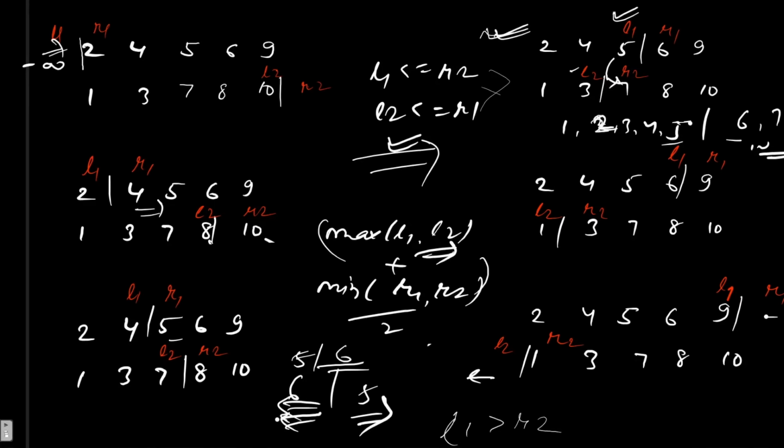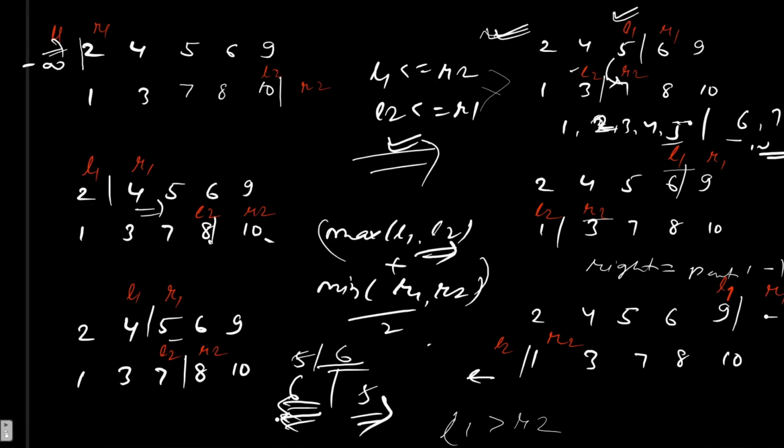Let's see which condition this is. Yes, here L1 is greater than R2. In this case we have to shift backward. We can do that by using right equal to partition 1 minus 1.